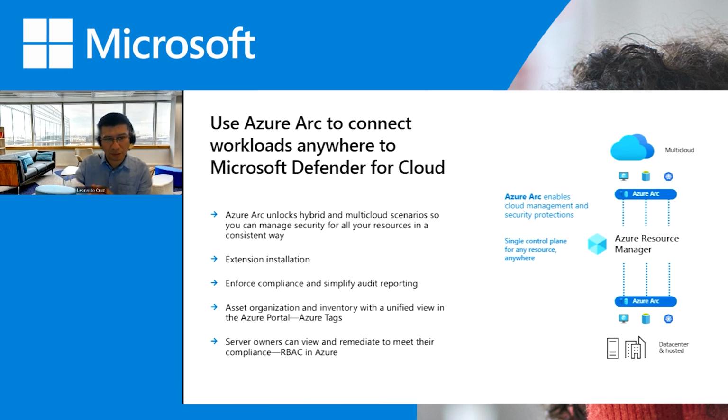What it's going to do, and we will see that in a demo, is give us visibility and some control capabilities over those resources that are not on Azure. We will have that visibility on our Azure portal. So that's interesting, right? Because those servers are not on Azure, but we can still have some control and protection on those devices.